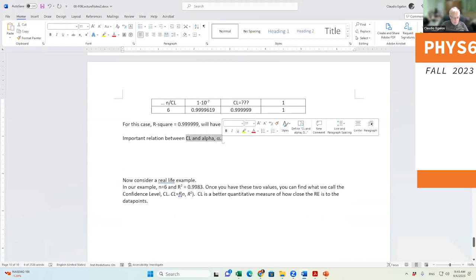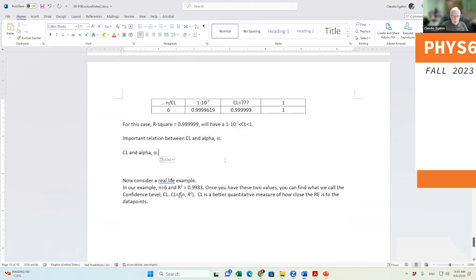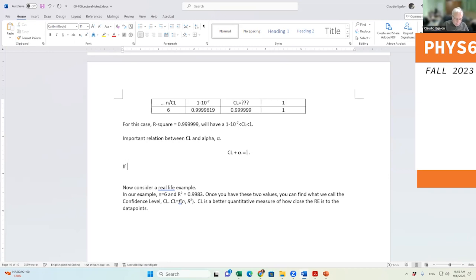The relationship is a very simple one. One is the complement of the other, which means that CL plus alpha must be equal to 1.